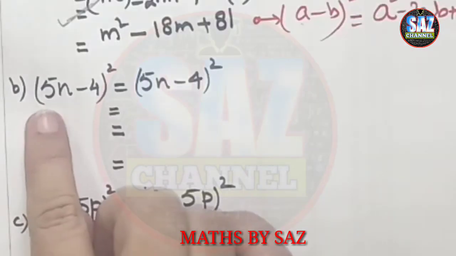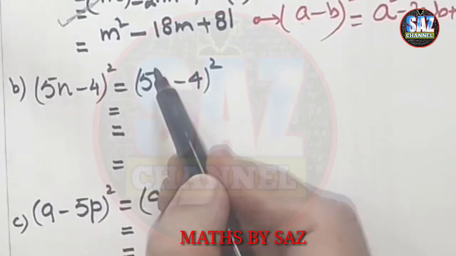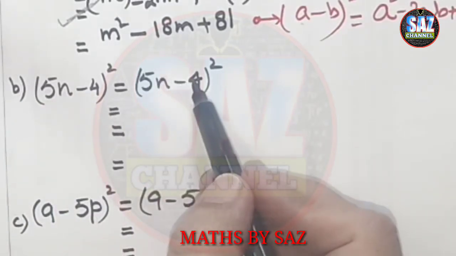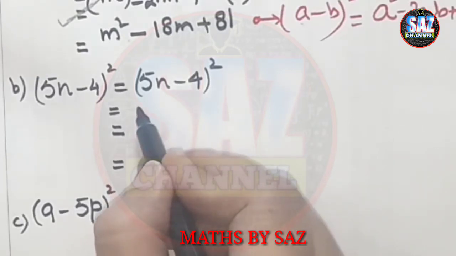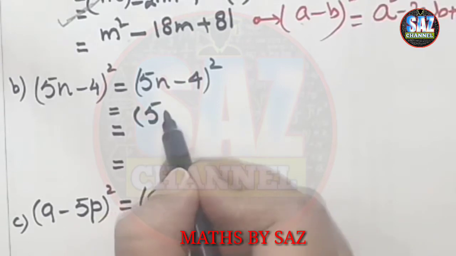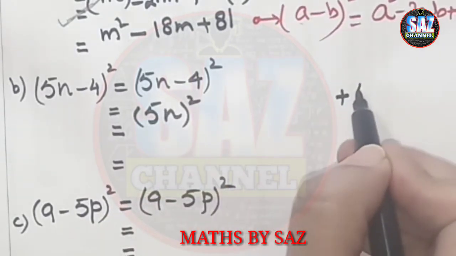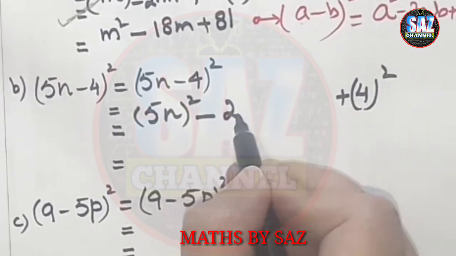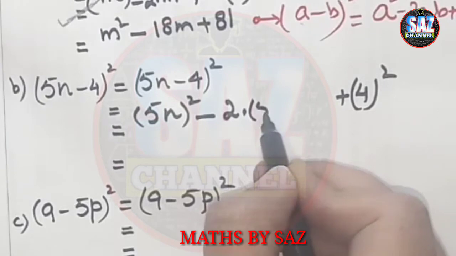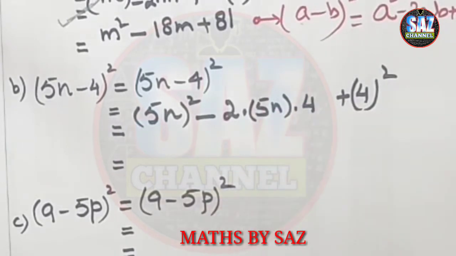Moving to the next question, (5n − 4) whole square. Again, a of the question is 5n and b is 4. So I have to express it in the form of the identity. This will become a whole square plus 4 square minus 2, a from the first bracket, that is 5n, and b from the second bracket, that is 4.